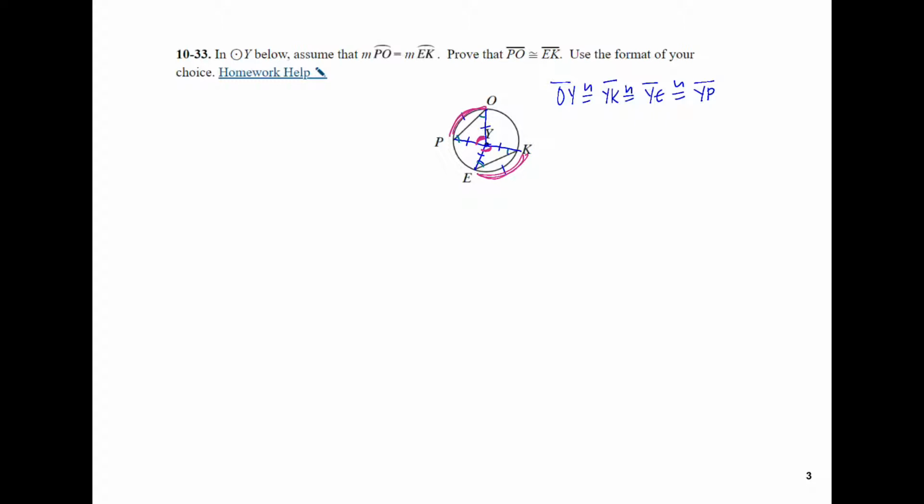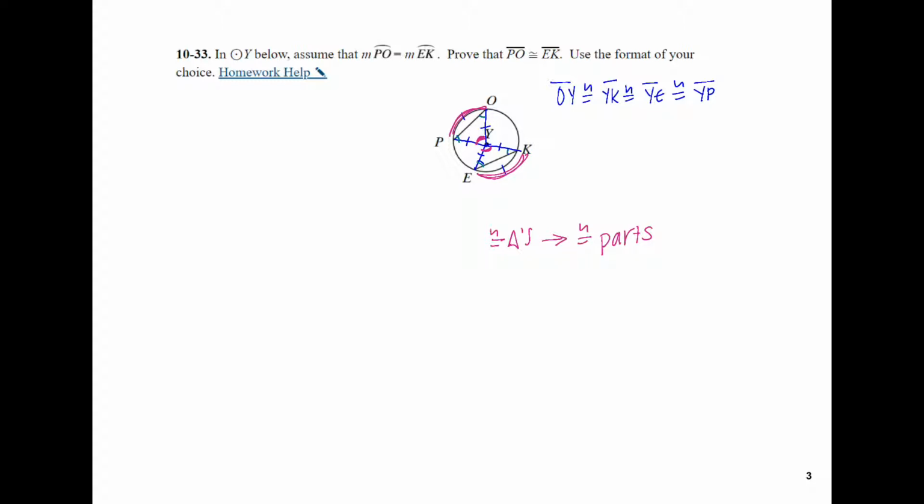Because if we have congruent triangles, it implies that we have congruent parts. We could have written a formal proof for this, a 2-column proof, or just a flow chart.